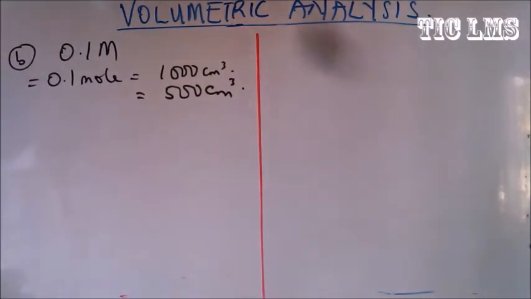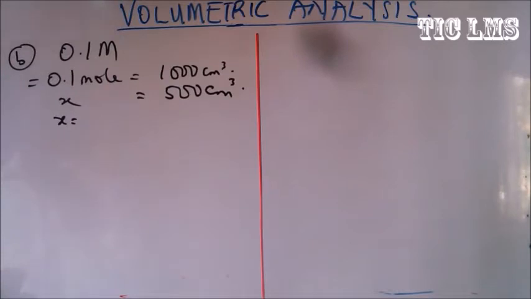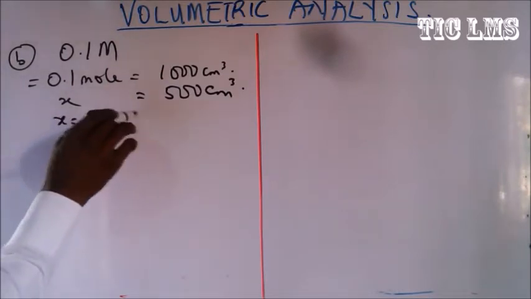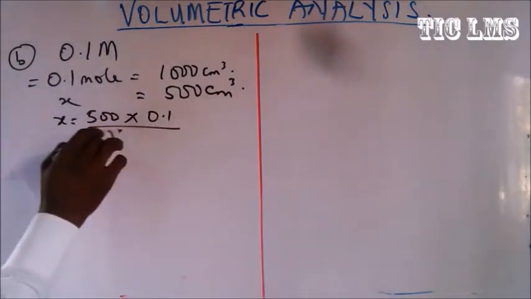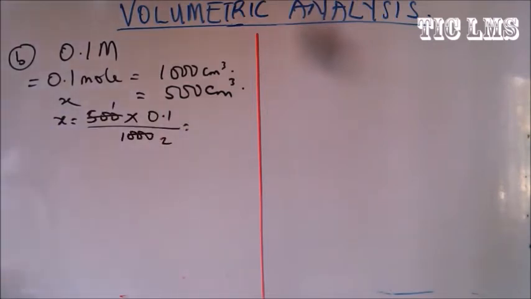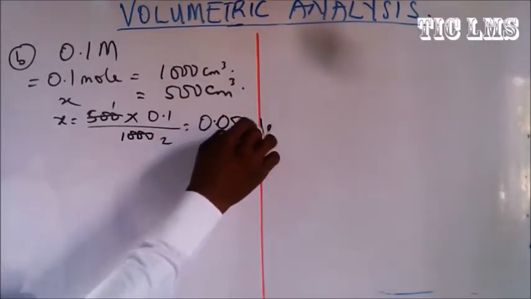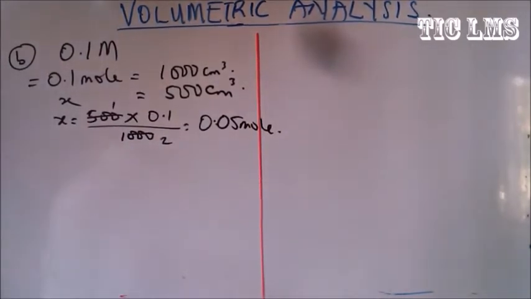That's more like dividing by 2, which is x. So we say that x equal to 500 multiplied by 0.1 over 1000, and that gives 0.05 mole.